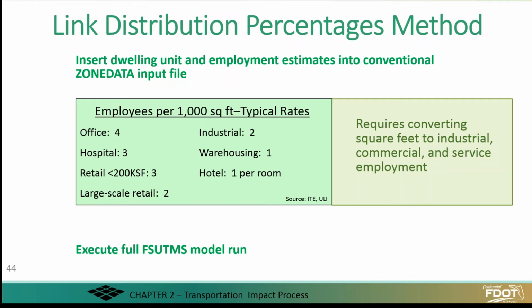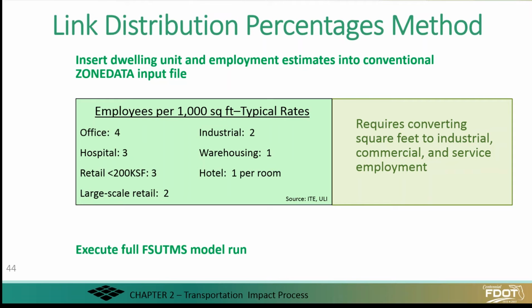Thank you. So in this case, you would take your type of development that you're doing the impact for, and you would input employment or population as is appropriate based on sources from ITE or the Urban Land Institute. These are some very typical employee per 1,000 square foot rates that could be used.